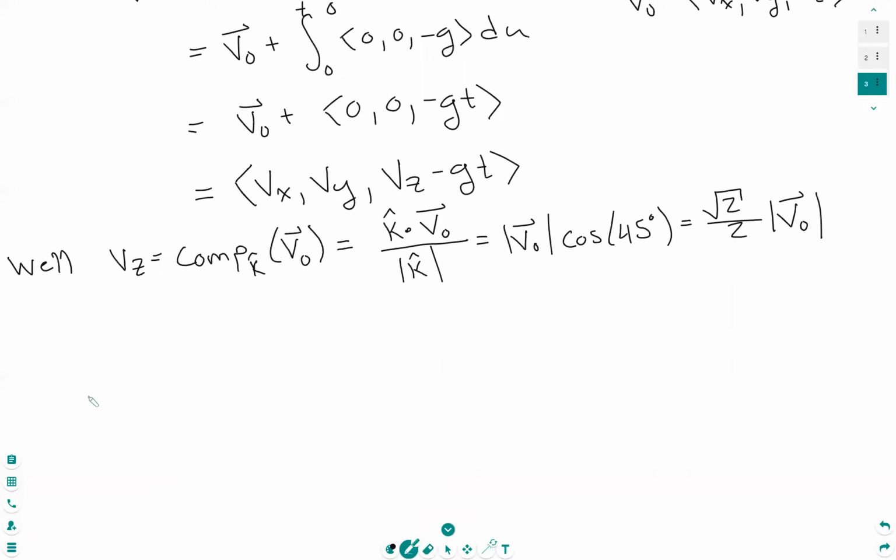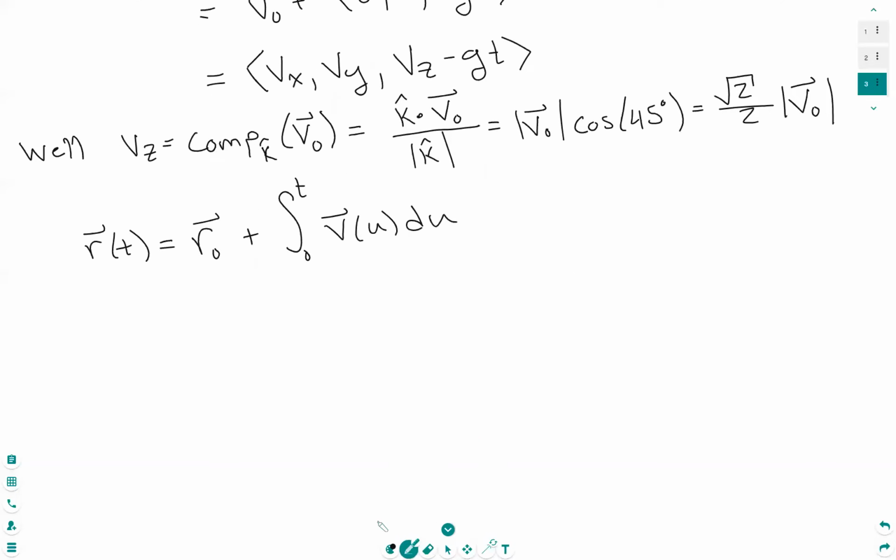So now let's keep going and see if we can find our position. So our R vector is some initial location plus the integral from 0 to t of V of u du. Well, our initial position is the origin. We shot from the origin. So that's just going to be 0.